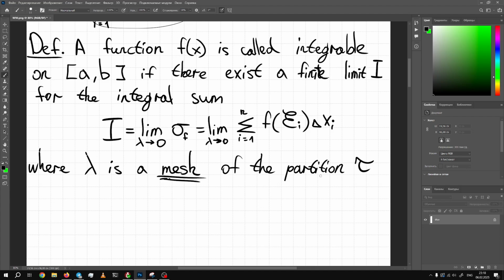Tau is a set of all elements x0, x1, x2, x3 until xn, where x0 is less than x1 and x1 less than x2, and they are all in our segment from A to B. Lambda is the mesh of the partition tau, that is, lambda is equal to the maximum value of delta xi, where i is from 1 to n.